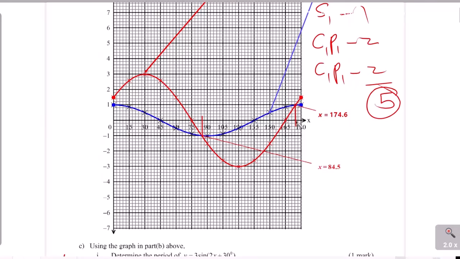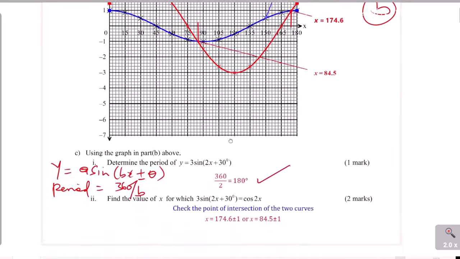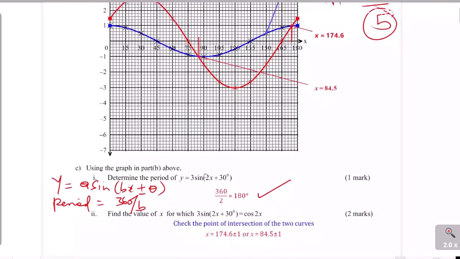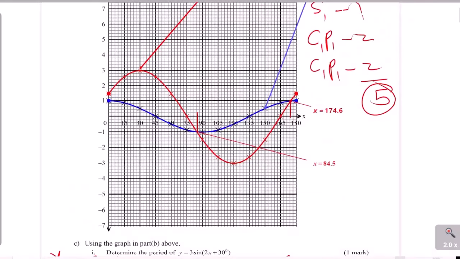Again, this will give you the angle. The angle at this point here will be 174.6. If you read that one carefully, that is what you're going to get.